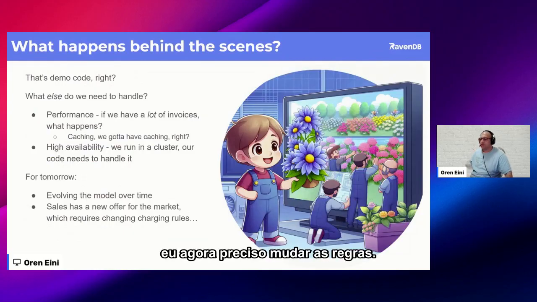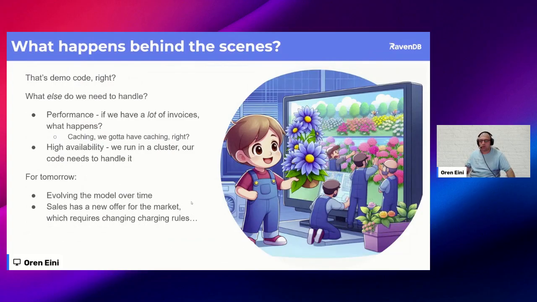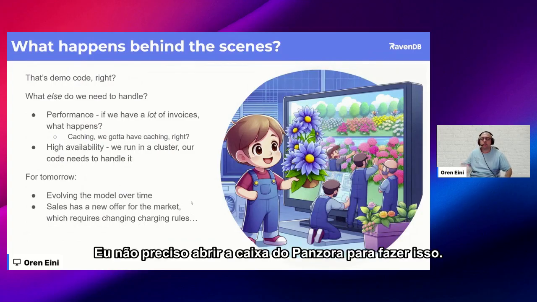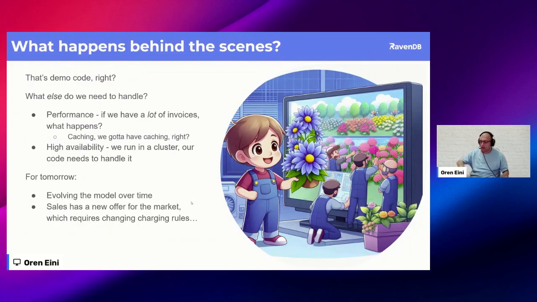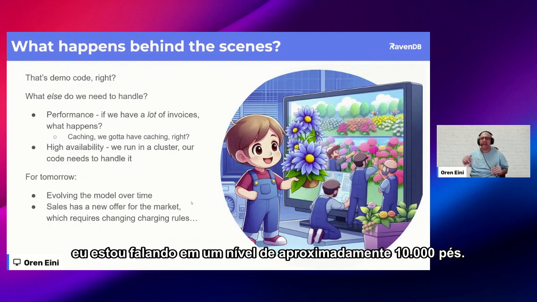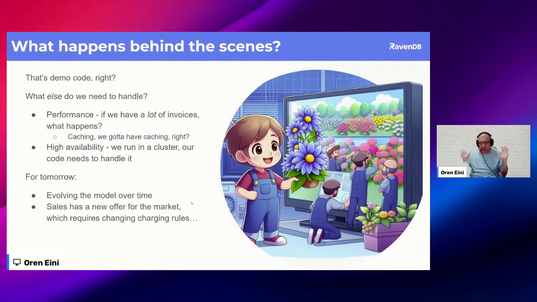In the same sense, I now need to change the rules. There is a new model change that I need to do. I don't need to open Pandora's box in order to do that. I can just build a system, make the changes, and the database will adjust. Now, to be clear, I'm speaking at roughly 10,000 foot level.